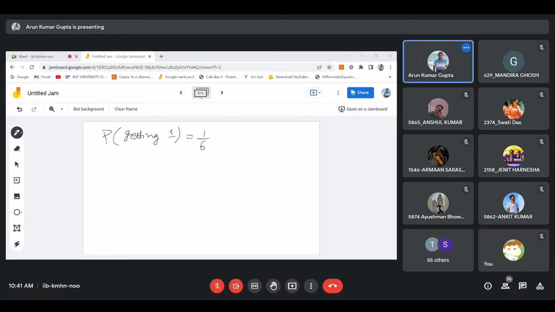For example, if two dice are rolled, you might have done some problems like this. Let me revise those things. Suppose two dice are rolled, and I ask you, what is the probability that the sum of the two faces is 7? Have you faced those things? Do you remember something or not? Yes, sir. I don't want the answer. The sum of the faces or just faces? The sum of the two faces will be 7.